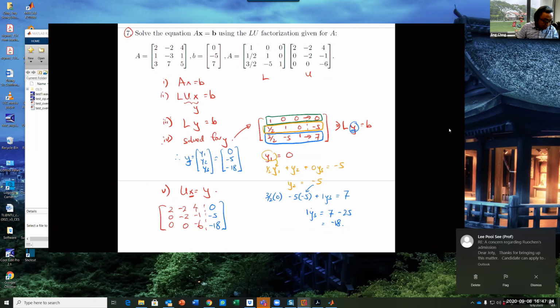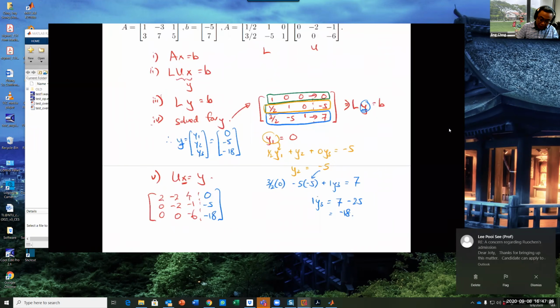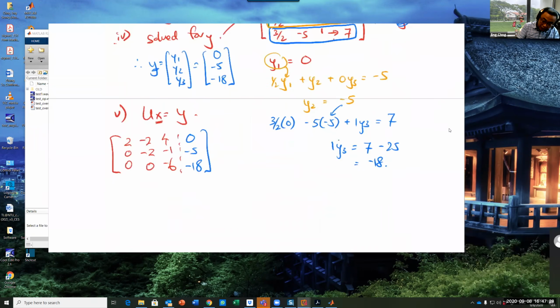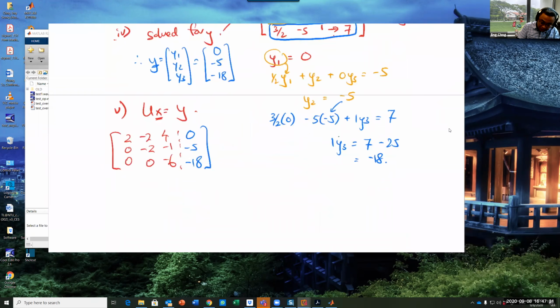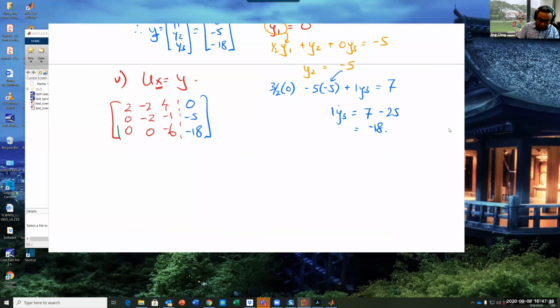And then we do back substitution, because we can do the back first. So it is minus 6. Now we are solving for u times x1, x2, x3 equals y, which is 0, minus 5, minus 18. So what are we doing?